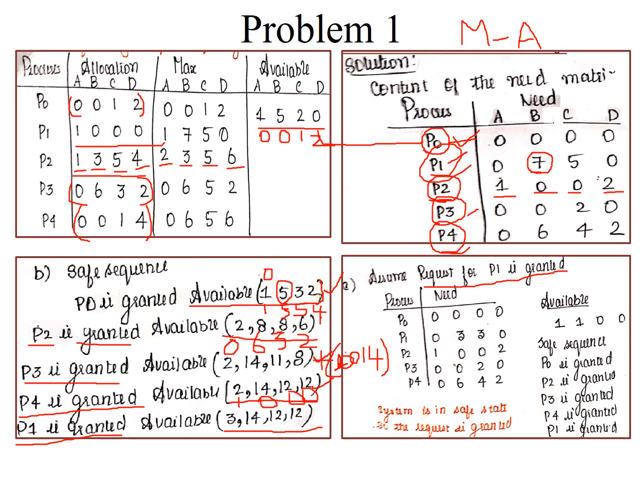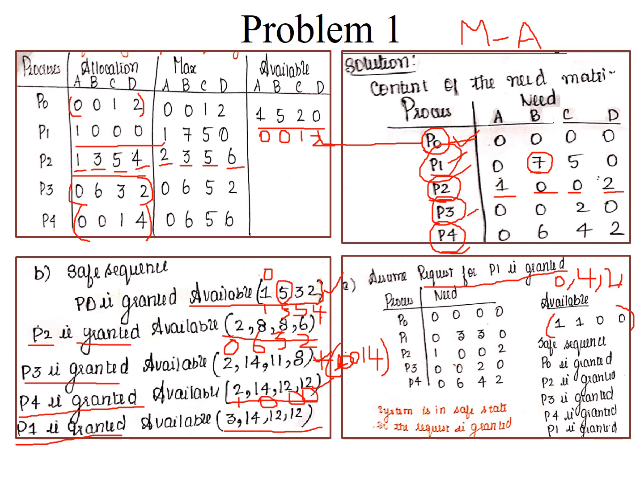The availability is 1 5 2 0, and when we take from it and provide it to P1, it becomes 1 1 0 0. So P1 was asking for 0, 4, 2, 0. This is the request made by P1.